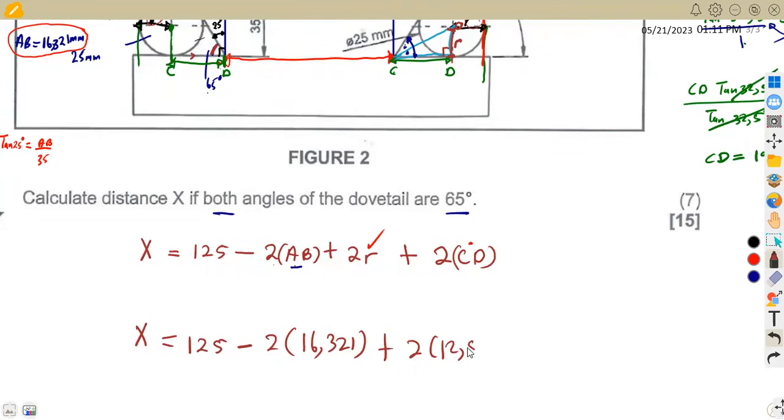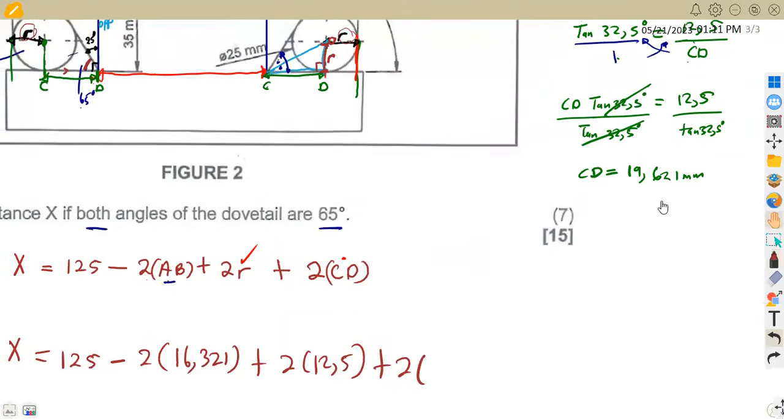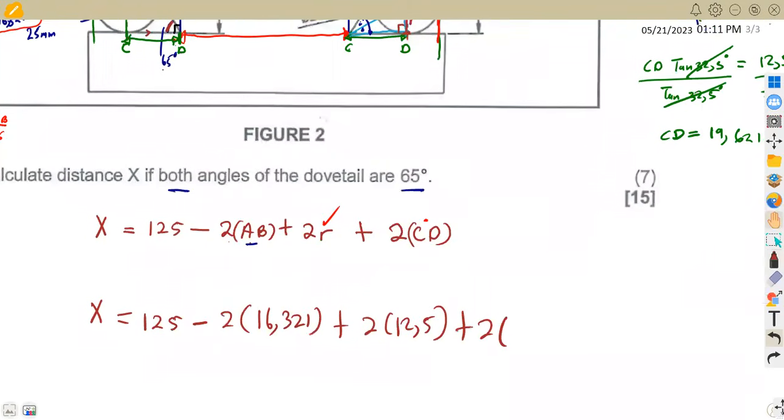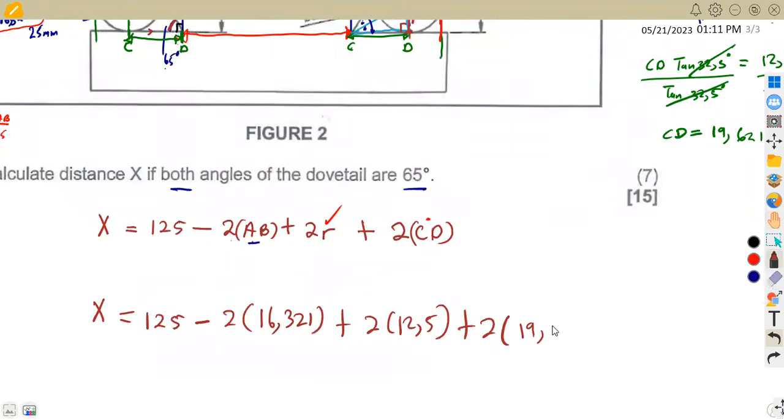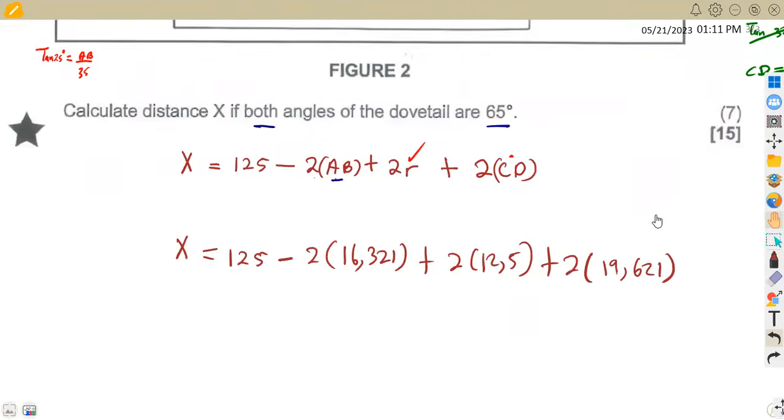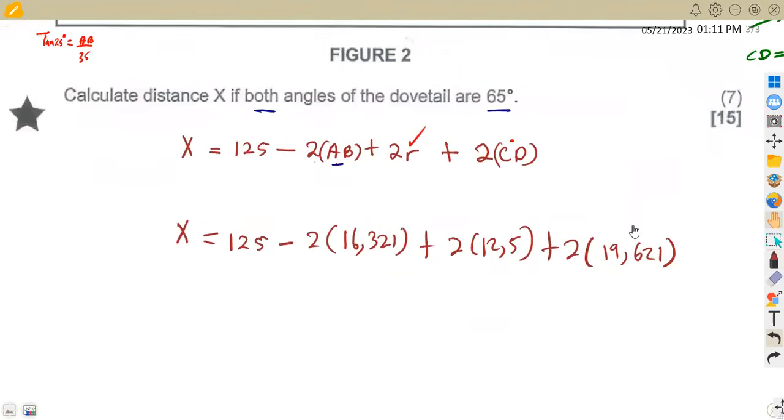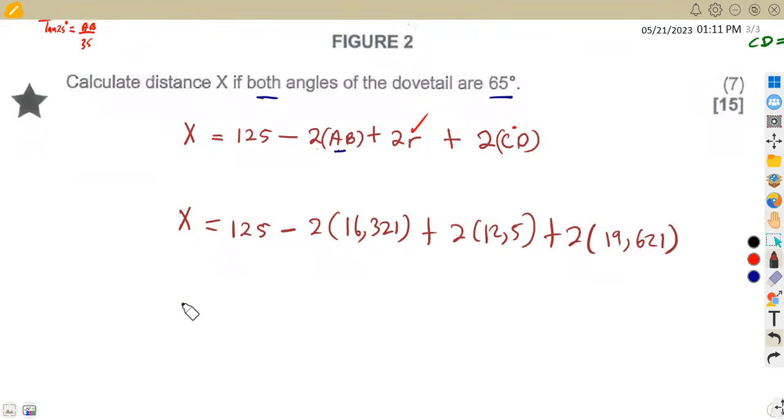So this is 12.5 plus 2 times CD. Our CD we calculated here and we got 19.621. So this is 19.621 like this. Okay, so this gives us the length or the distance X that we are given in this case. If you simplify properly, you are going to obtain 156.6 millimeters in this case.